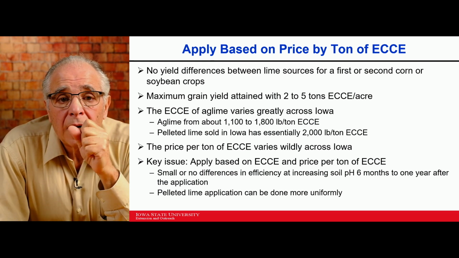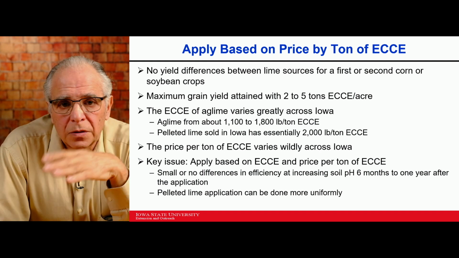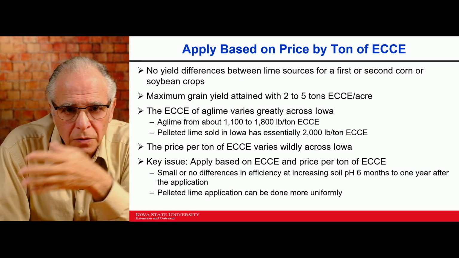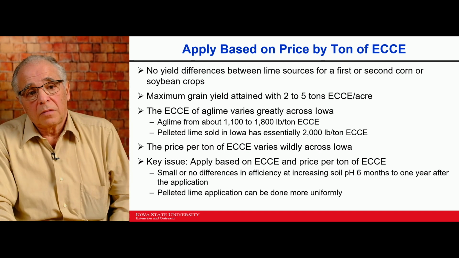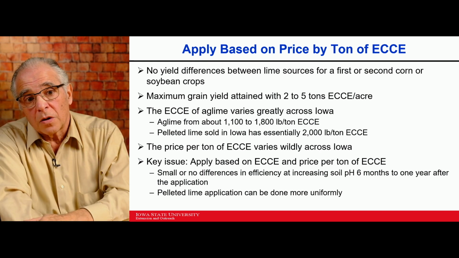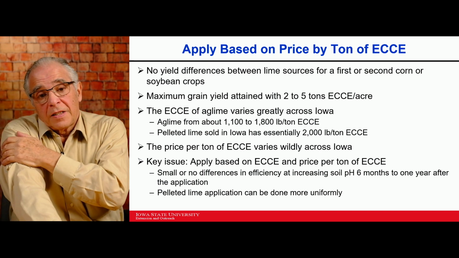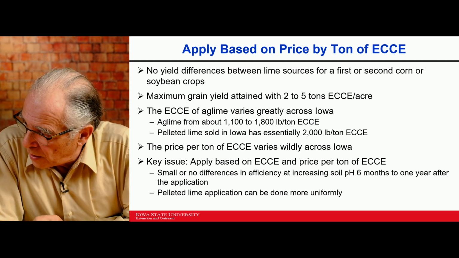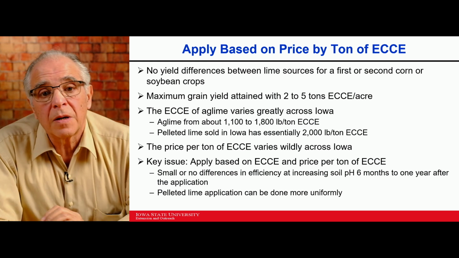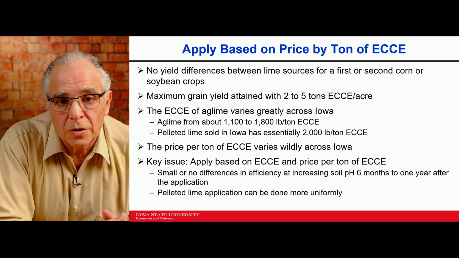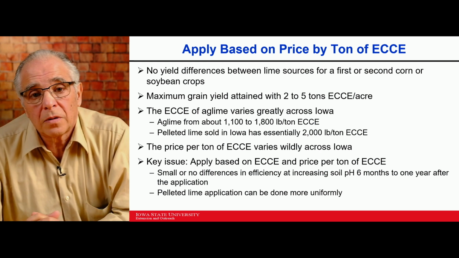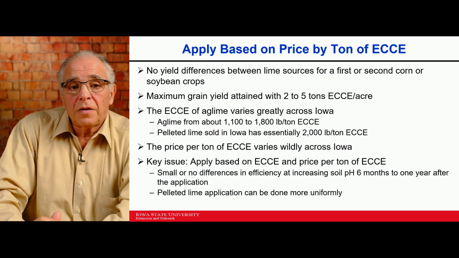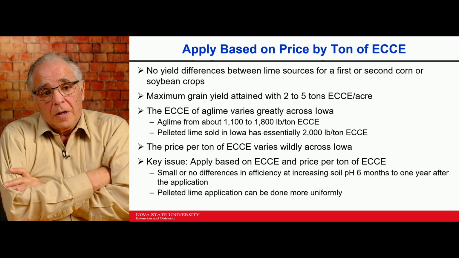But pelleted lime is essentially 2,000 pounds, so it's good. Now, the price per ton of ECCE varies a lot in Iowa, and I did a survey with our field agronomists to give me some idea of the prices, but I decided not to use any because it's just incredible. The differences are 2-3 times.